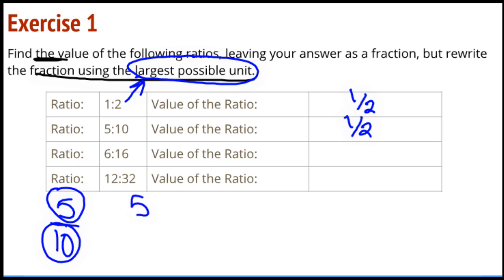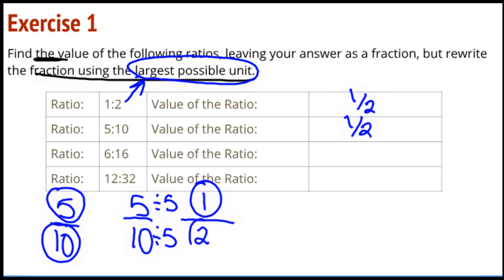Well, I can take 5, and I could divide it by 5 and say that I'm going to make a single unit. And I could take 10 and divide it by 5 and say that I'm going to make 2 units. And that's exactly what the tape diagram I just drew looks like. We took the 5 and we grouped it together to make one group of 5, and we took the 10 and grouped it together to make 2 groups of 5. So another way to look at it.